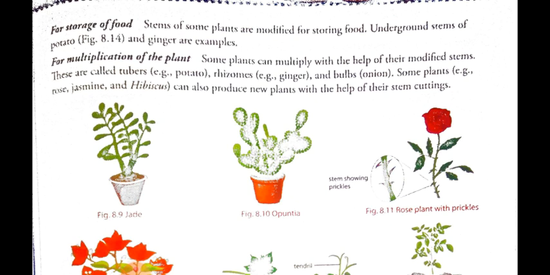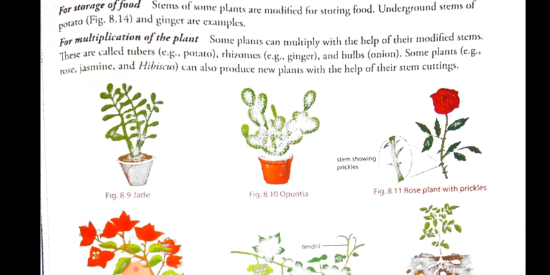Some of the stems through which new plants multiply or grow are called tubers, for example potato, rhizomes, for example ginger, and bulbs, for example onion. Such plants can also produce new plants with the help of their stem cuttings.